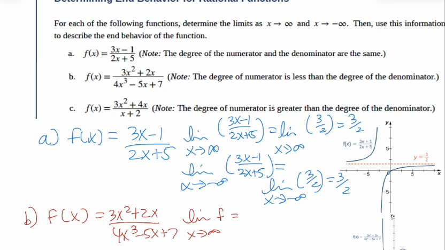If we do the limit to infinity, we get positive infinity over positive infinity, which is a L'Hopital's rule candidate. If we take the derivative, though, what do we get? We get 6x plus 2 over 12x squared minus 5.